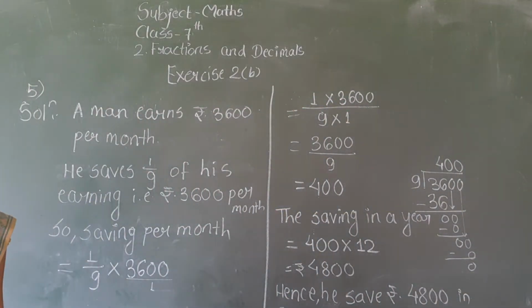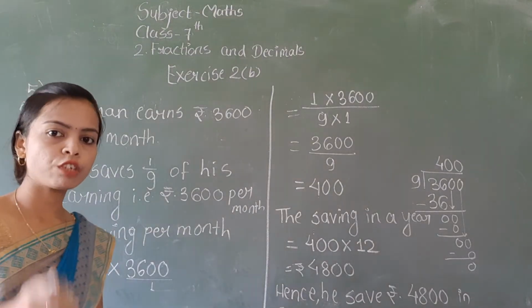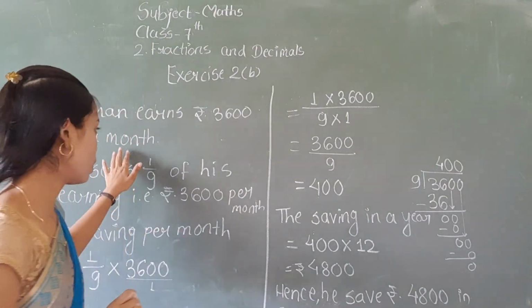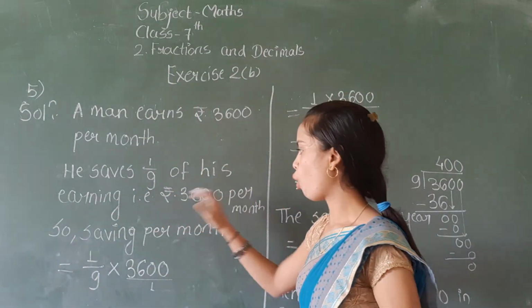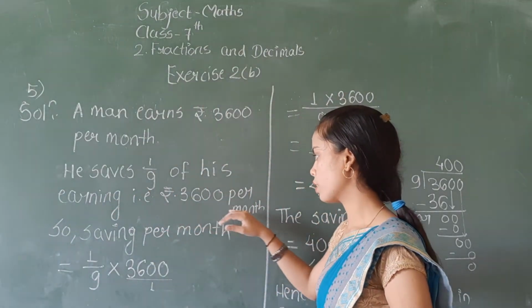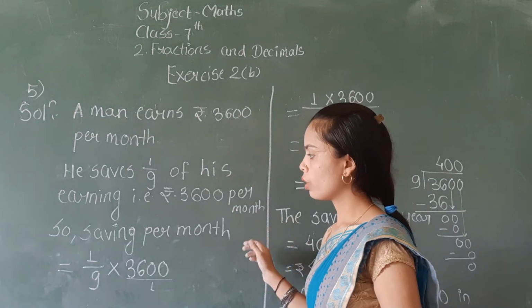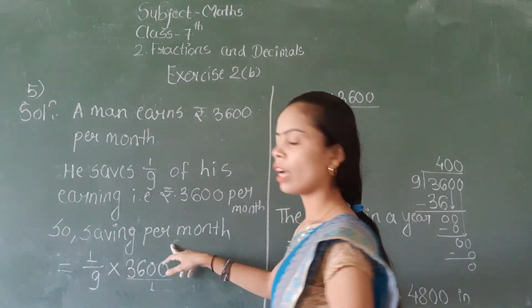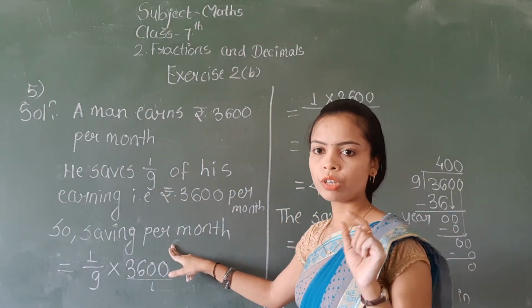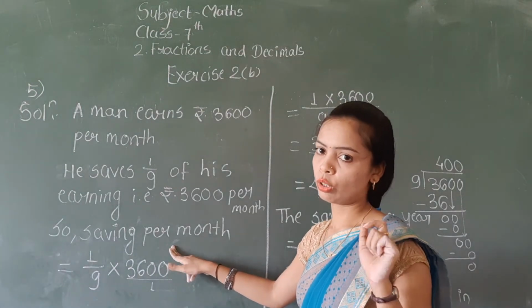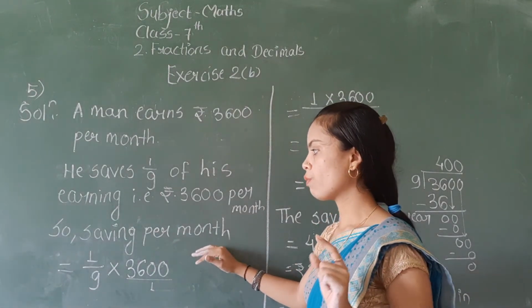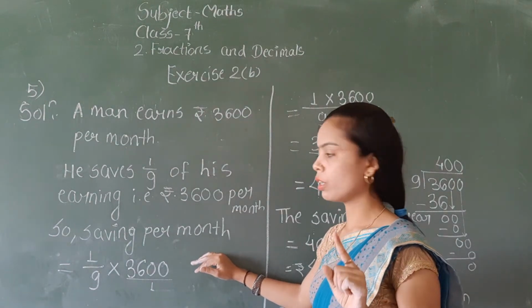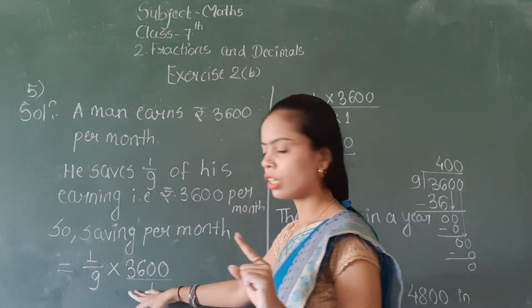A man earns, that means his payment for a month is ₹3600, and he saves 1/9 of his earning per month. Here we find out the saving of his income for a month, that is 1/9 of 3600.